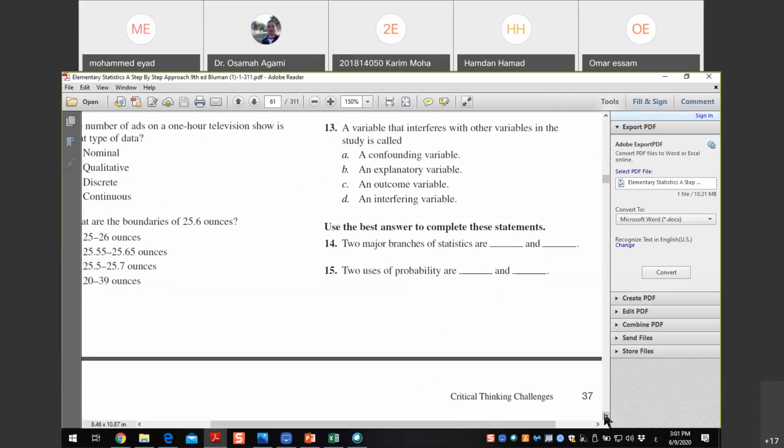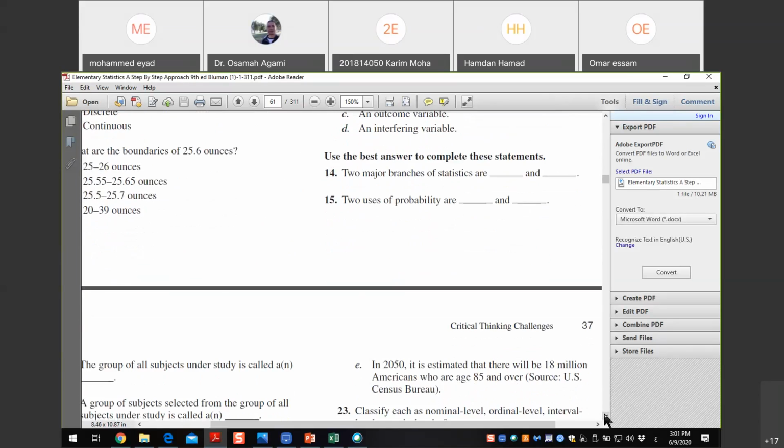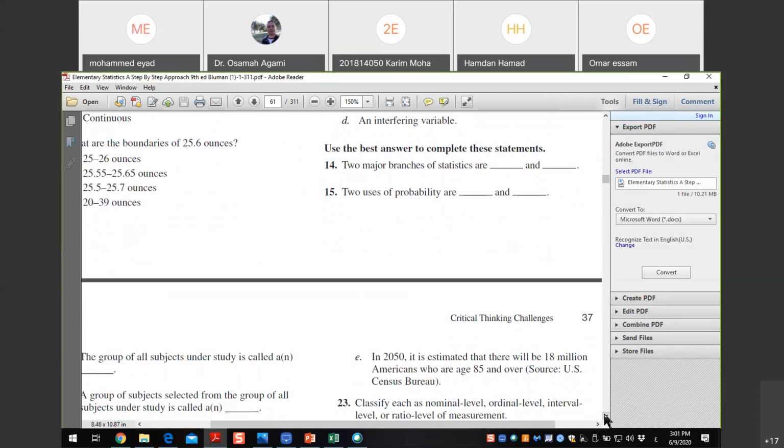Yes, no problem with this one. Let's go for 14. How can you fill the space here, Antoine? Two major branches of statistics. Branches of statistics are inferential and descriptive. Descriptive. Yeah. Thank you very much.